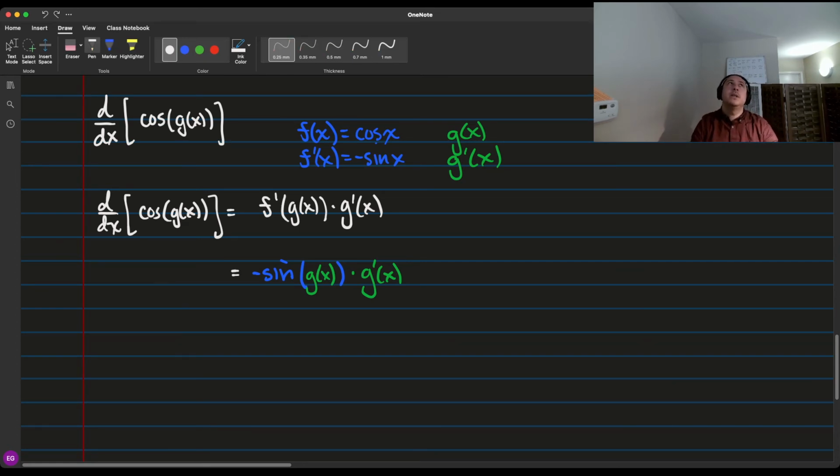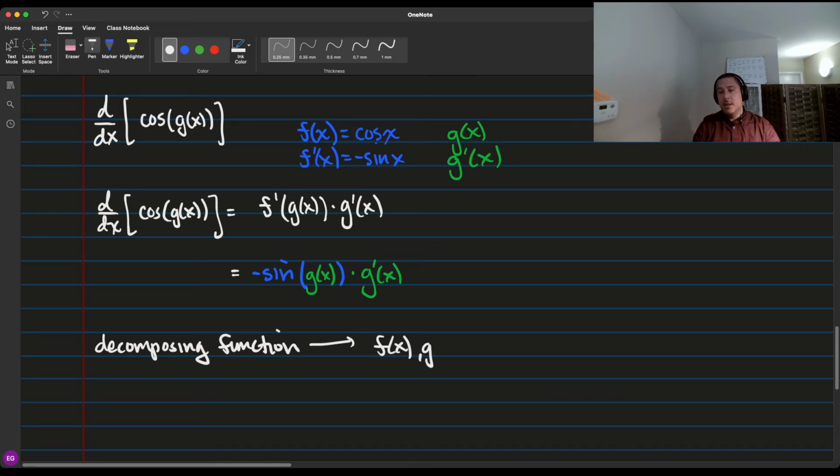I would put decomposing functions. And let me just quickly talk about it. Because what you're doing is you're starting with some function, and you're decomposing it into two functions, f and g, so that the function that you started with is their composition.